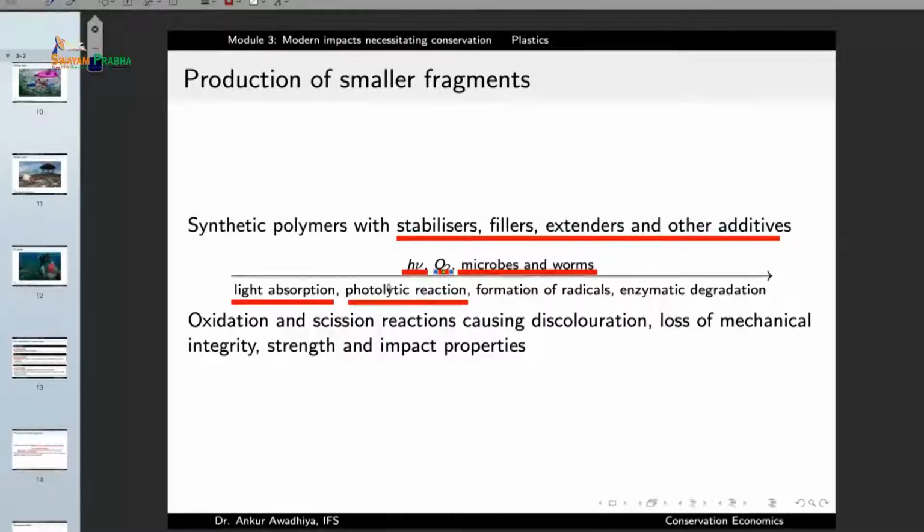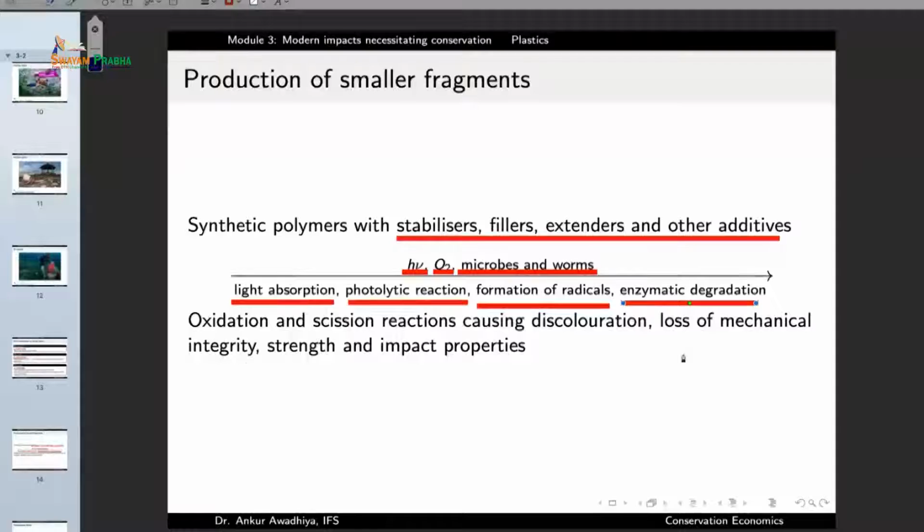Because of the presence of oxygen and UV light, you also have the formation of radicals. Now, radicals also accelerate the process of degradation of these plastics. Or you can have enzymatic degradation when the plastics are acted upon by biological entities such as microbes or worms.